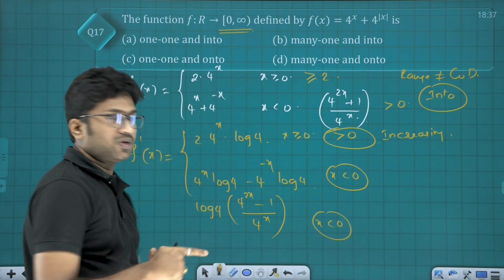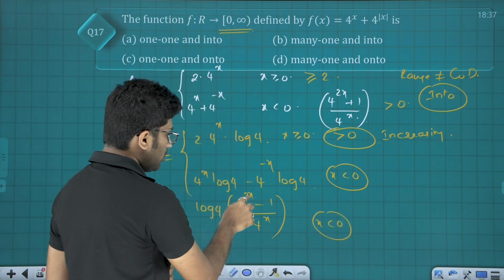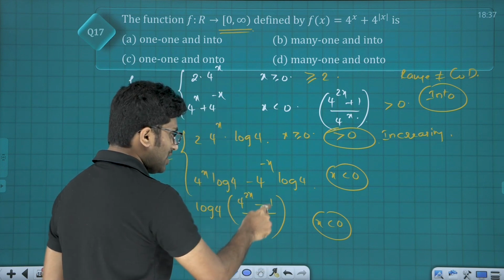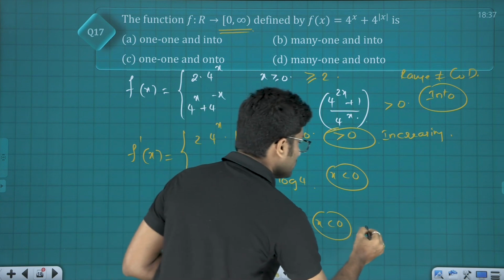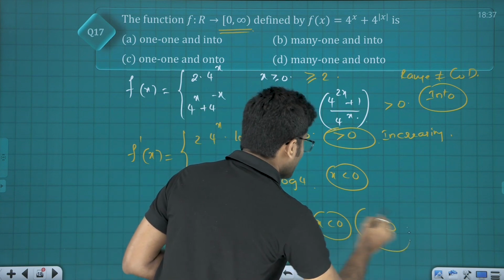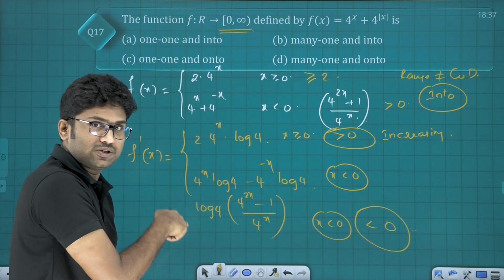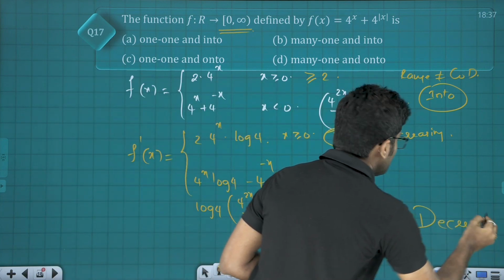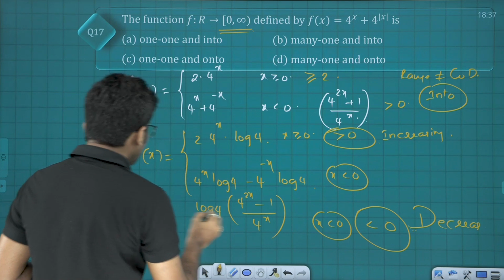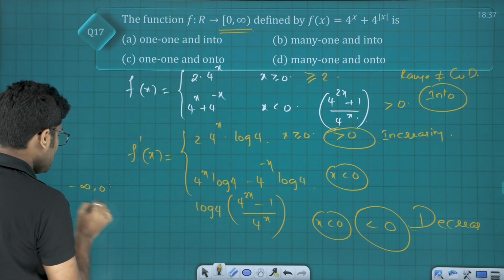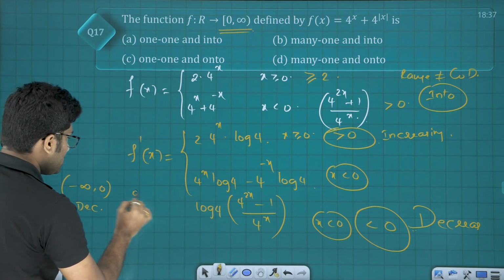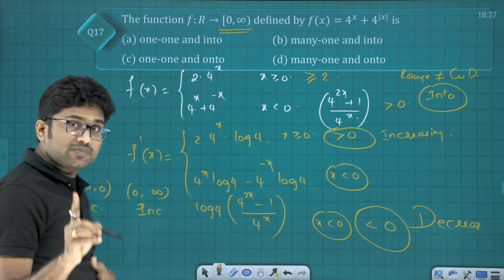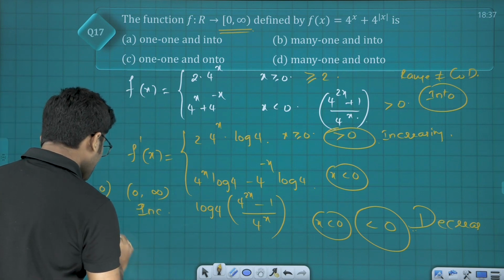Suppose x is just minus 1, 4 power minus 2 is 1 by 16. 1 by 16 minus 1, for sure it will be less than 0, correct? For sure f dash x is less than 0. That means this is a decreasing function. So from minus infinity to 0, the function is decreasing, and from 0 to infinity the function is increasing. Clearly that means decreasing, increasing.